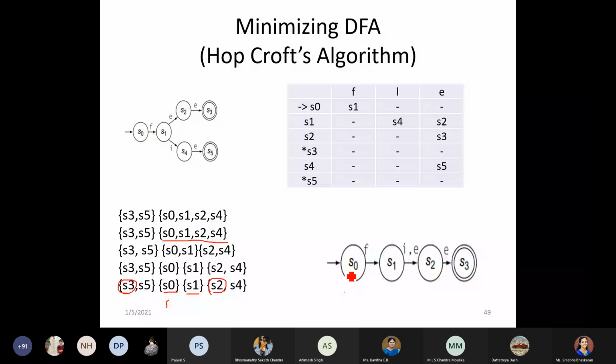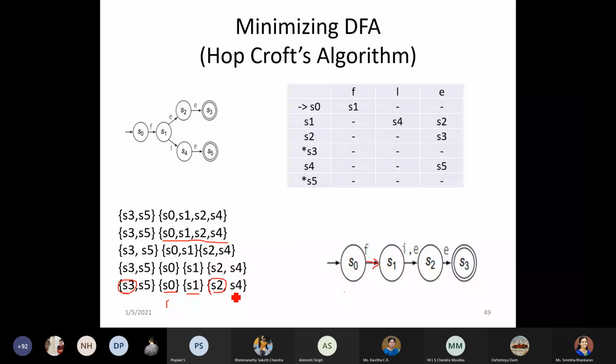Okay. So from the starting state S0, with respect to the F transition, we reach S1. So S0 and S1 are both separate. With respect to the F transition, we have reached the S1 state. Now from the S1 state, with respect to I, which is mentioned as capital I, and E, it reaches S4 and S2, where S4 and S2 are together and represented as S2.